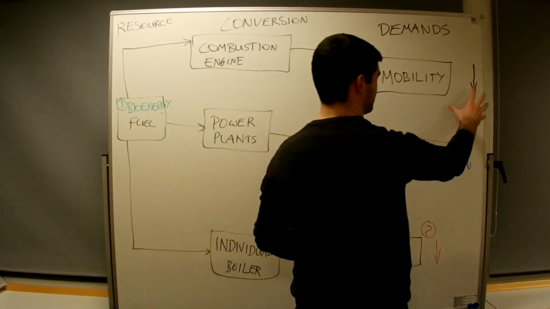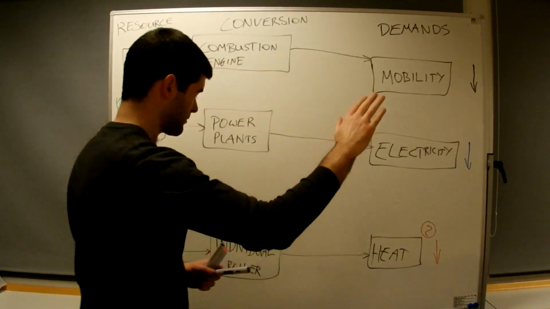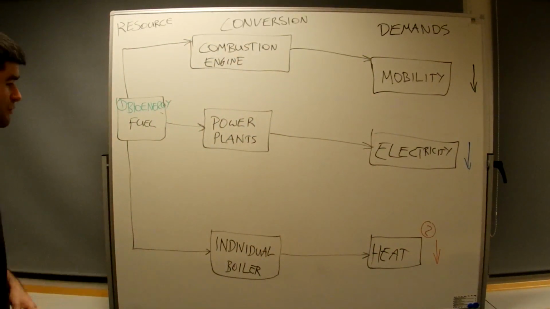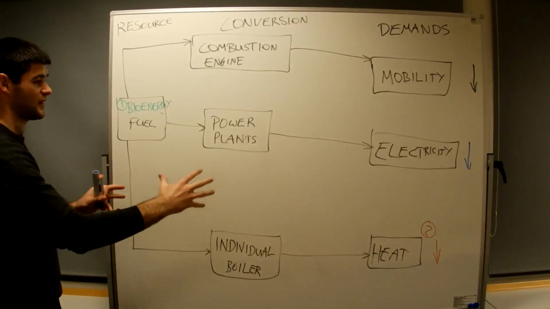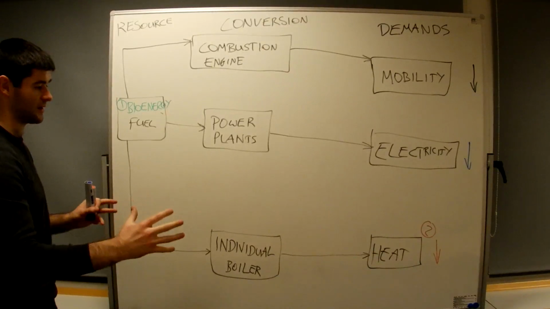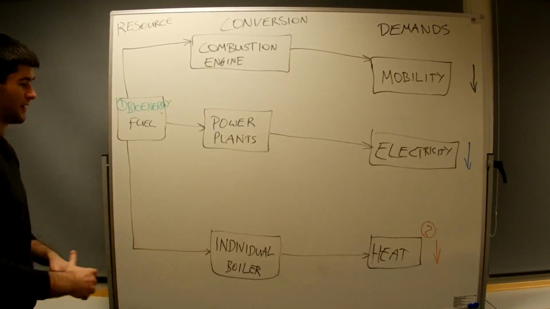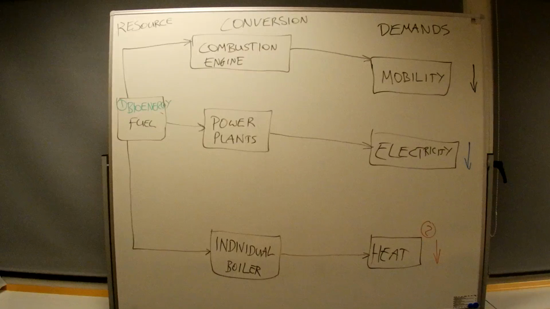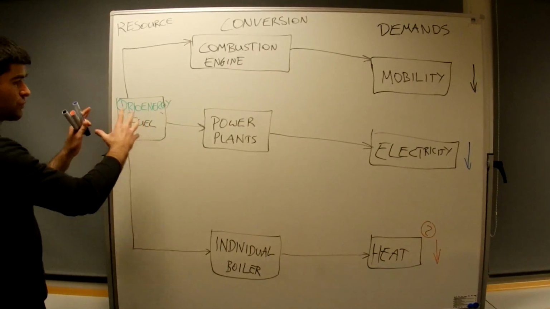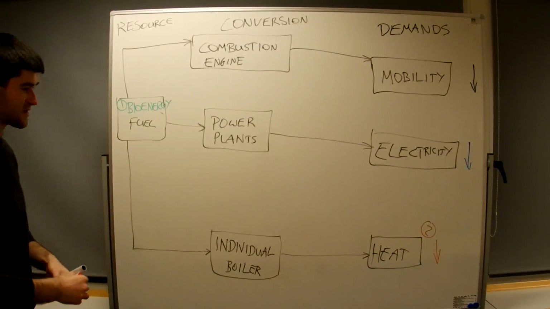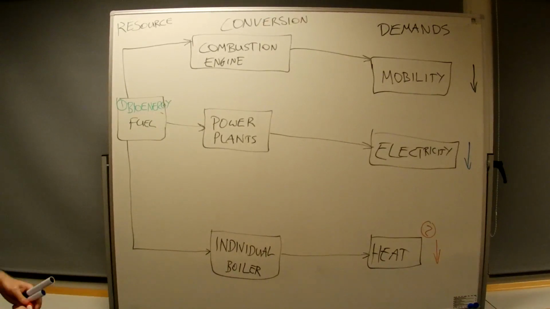I would call this more efficient rather than reductions, because we're probably going to travel more, but we can do it in more efficient ways, maybe by increasing public transport and so on. But in any case, we're making the system more efficient and using our energy better at the end user level. When we do this now, we require less bioenergy, but as I said, it's still not enough. We still need to do other actions.